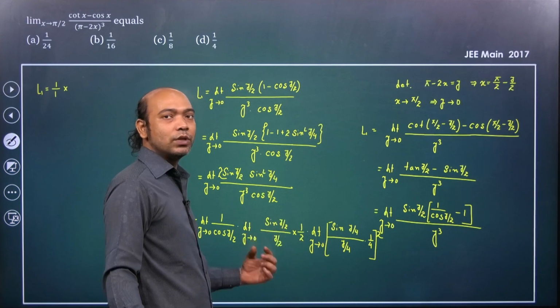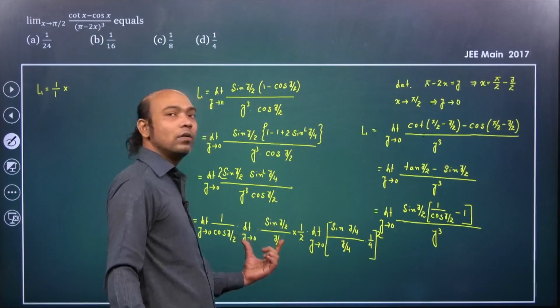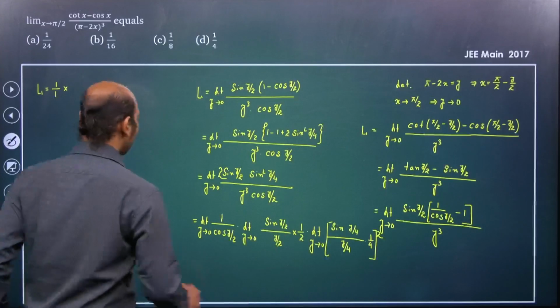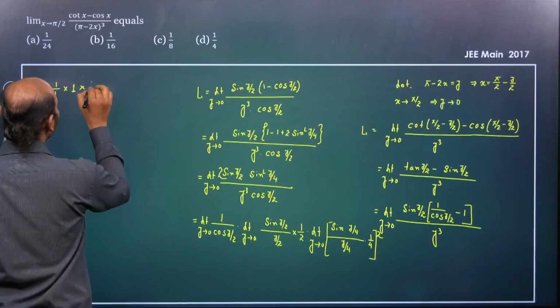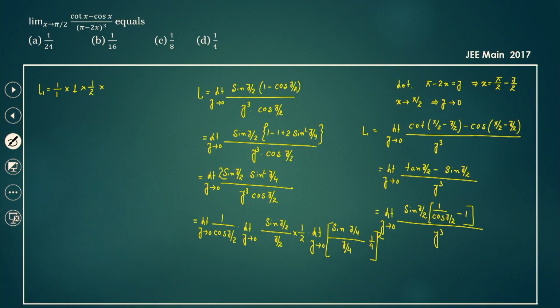This value always gives me 1, so let's write 1 itself, multiplied by half. Then multiplied by y by 4 by y by 4, whose limit gives me 1, and we have 1 by 4 multiplication, whole square. So that's the final limit. If I calculate that, the final value gives me 1 by 16.